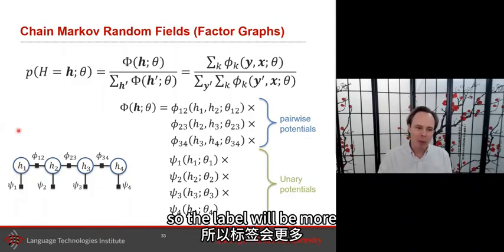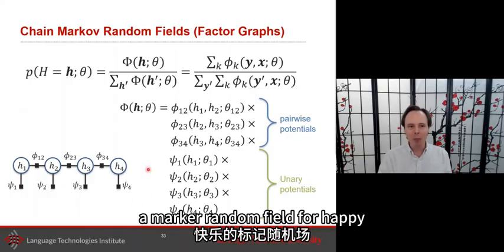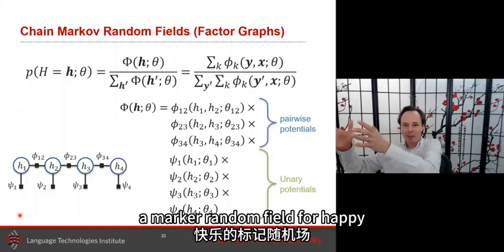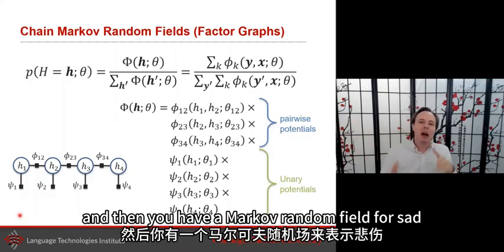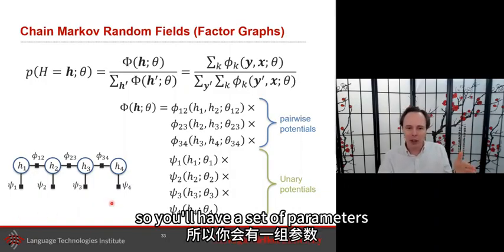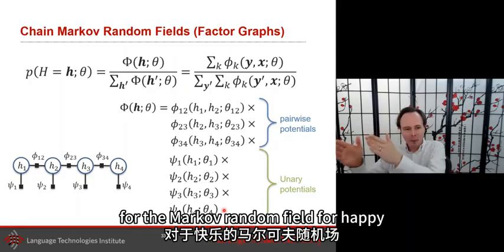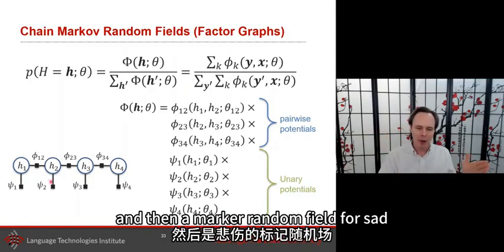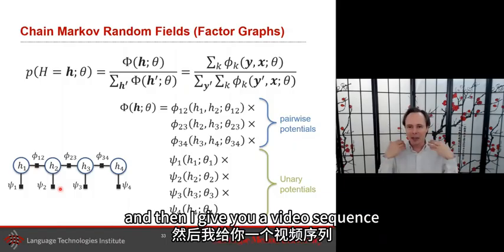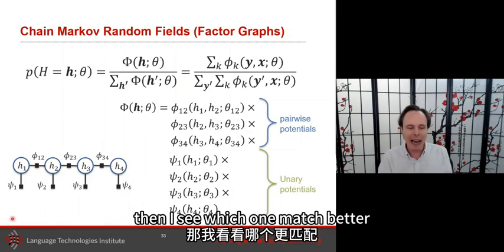So the label will be more like you're going to have one model, maybe a Markov random field for happy, and then you have a Markov random field for sad. So you'll have a set of parameters for the Markov random field for happy, and then a Markov random field for sad, and then I give you a video sequence, a bunch of video sequence, and then I see which one matches better.